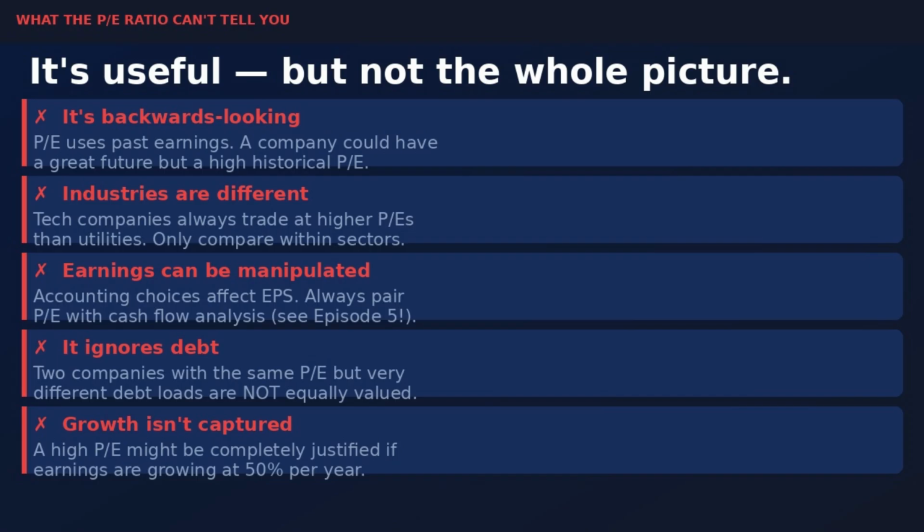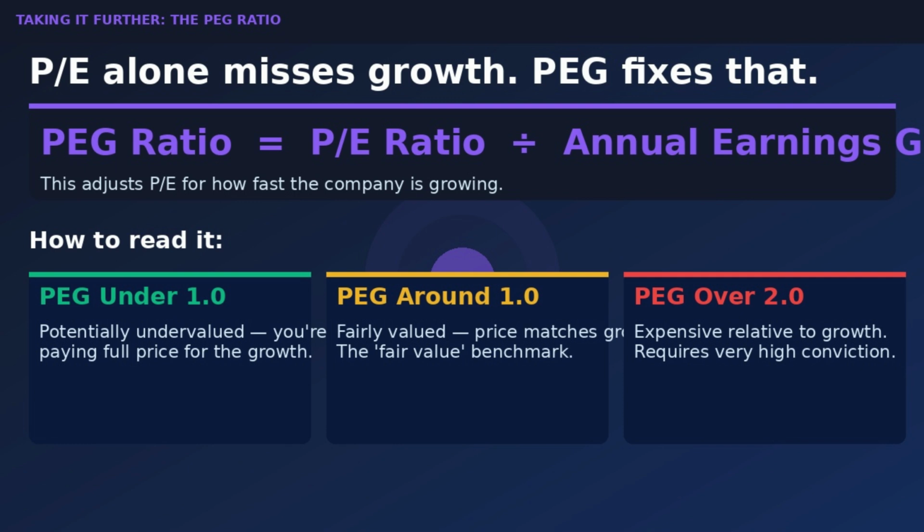Which brings us to the PEG ratio. The PEG ratio, price earnings to growth, adjusts the PE for the company's growth rate. The formula is simple. PEG equals price to earnings divided by the annual earnings growth rate. A PEG below 1 suggests the stock may be undervalued relative to its growth. You are not paying full price for the growth you are getting. A PEG around 1 means the stock is fairly valued.